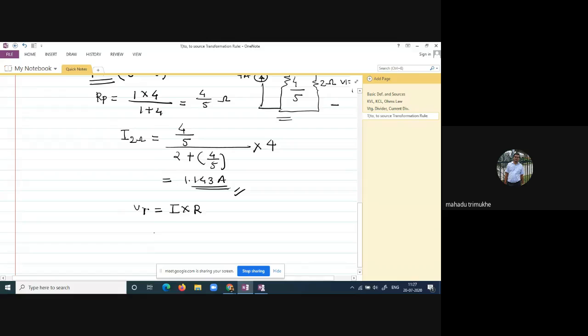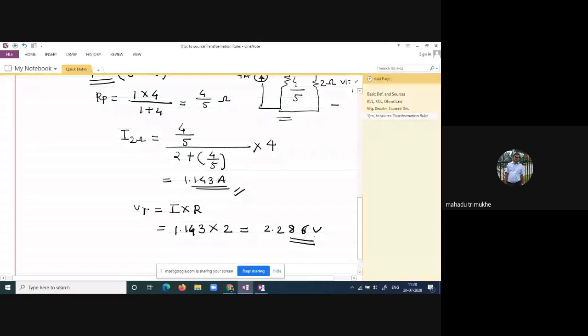You know the current in the 2 ohm resistor is 1.143, multiplied by 2. What do you get? That is 2.286 volt. This is the way you find the voltage across a 2 ohm resistor.